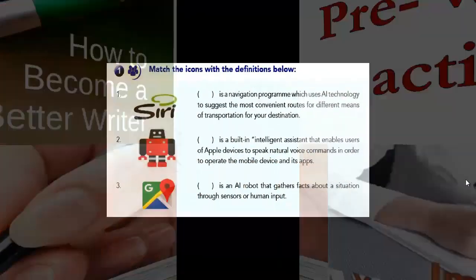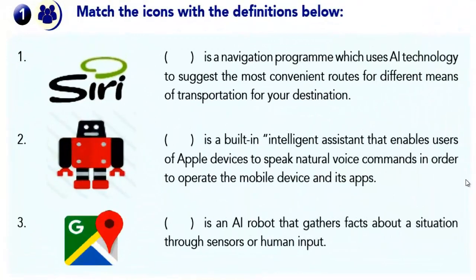Okay, now let's start in page 90, student book, writing skill. Pre-writing activity now. Match the icons with the definitions below. So as you see here, 3 icons on the left side and we have 3 definitions on the right side. The first one is a navigation program which uses technology to suggest the most convenient routes for different means of transportation for your destination.